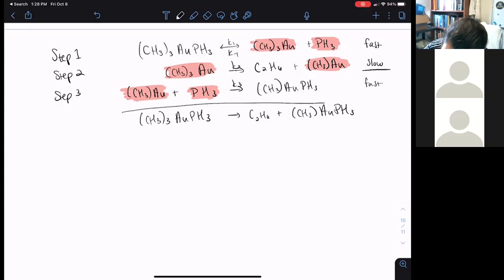Okay. So we're going to take again our slow step, and that's what we're going to write our rate out of. So our rate is equal to k2 (CH3)3Au.